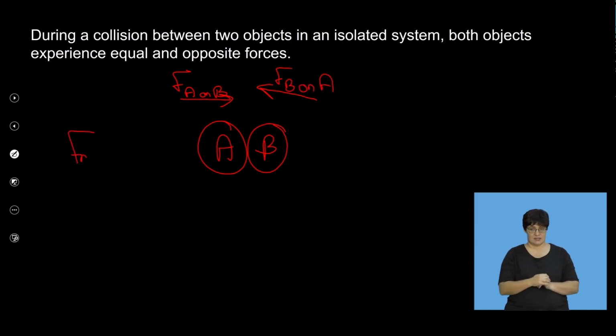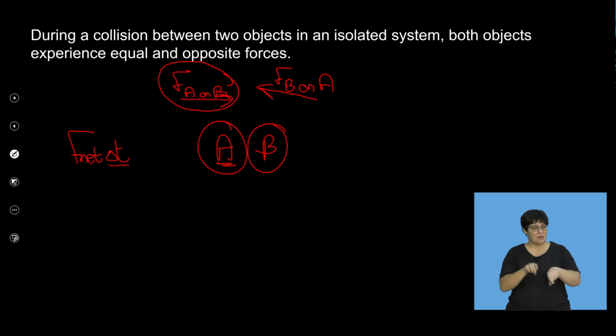F net delta T is impulse, okay? Both of these experience the same force, which is F net, for the same amount of time. But one of them has to be negative because we always have to have a positive direction. That can't disappear.